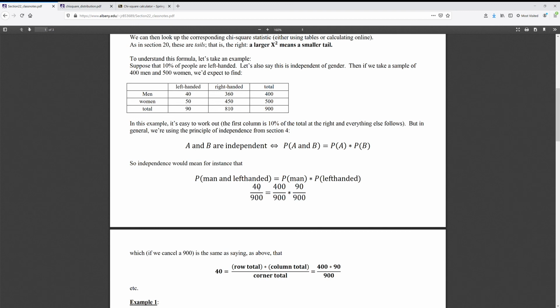So that's the same as saying that the cell total is the same as the one corner total times the other corner total divided by the total. Try again. The cell total is the same as the row total times the column total divided by the total. So if that is true, cell for cell for cell for cell, if that is true for every cell, then that is what independence represents.